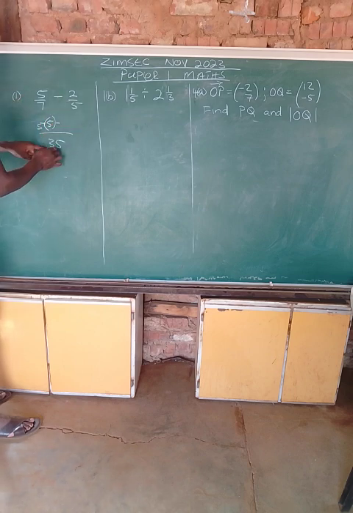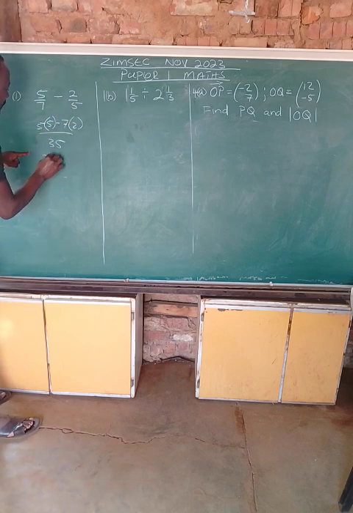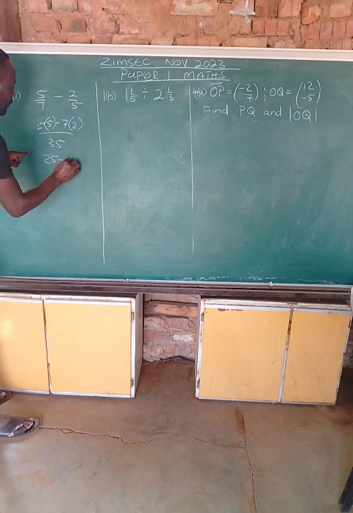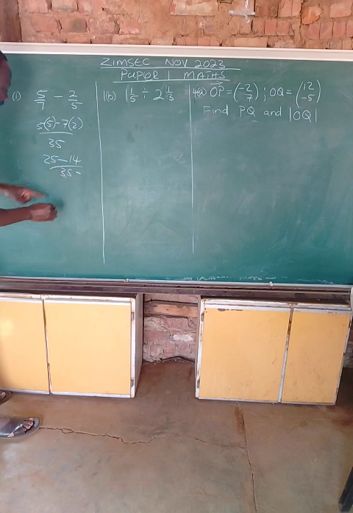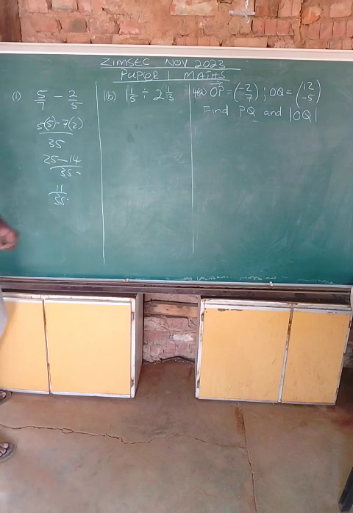Minus 5 into 35, you get 7 multiplied by the numerator. 5 times 5, it's 25, minus 7 times 2, 14, all over 35. 25 minus 14, what do we get? We get 11 over 35. You get your 1 mark here.